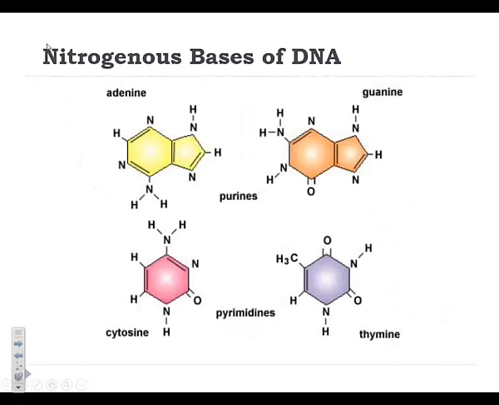Okay, so here are the nitrogenous bases, the purines and the pyrimidines. Remember that guanine and cytosine are able to hydrogen bond in 3 places, and thymine and adenine in just 2, which I'll show you in a moment.